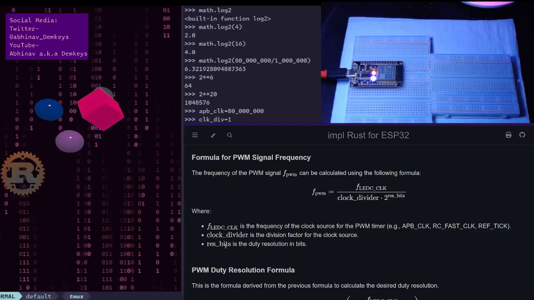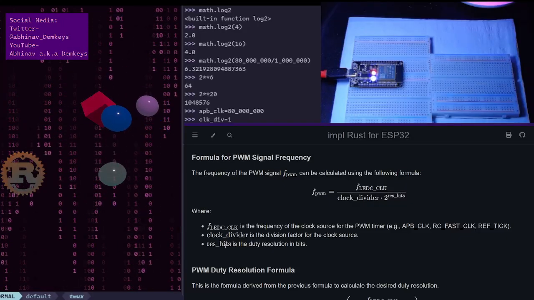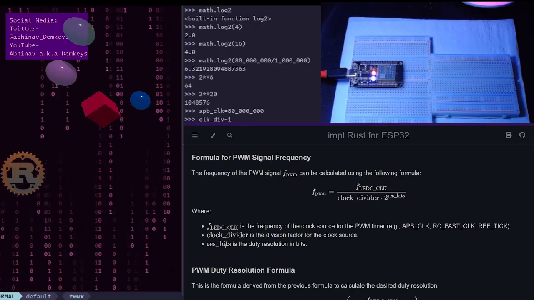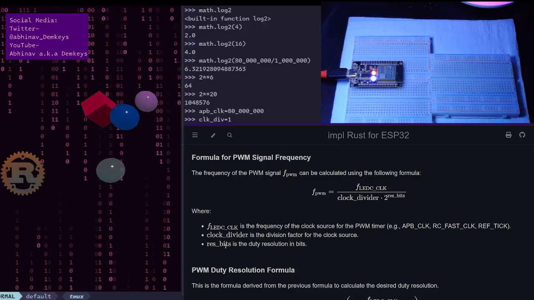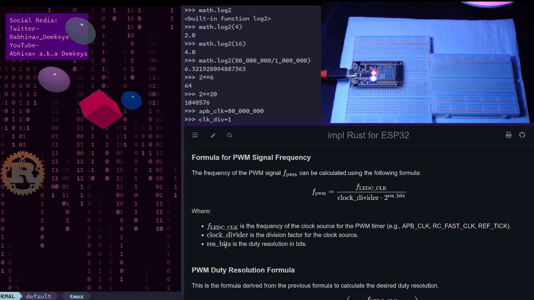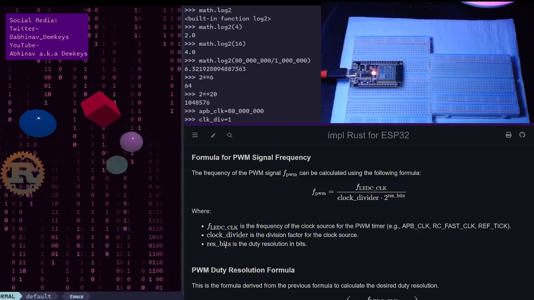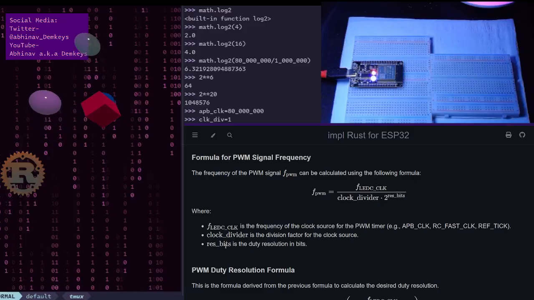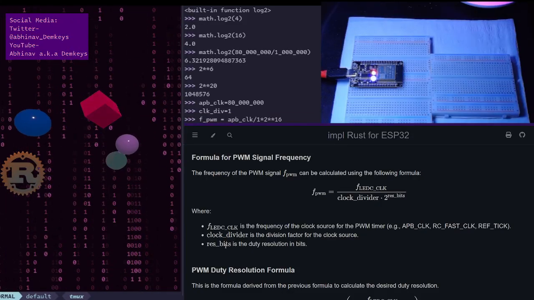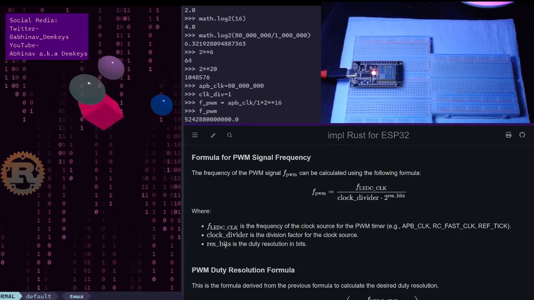And we want FPWM equals APB clock divided by 1 multiplied by, exponent comes before multiplication, 2 to the power 16. So FPWM is that.